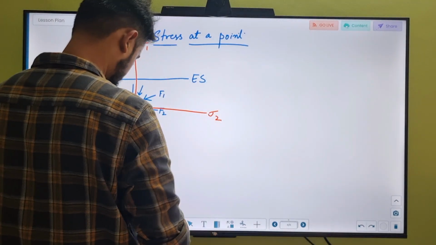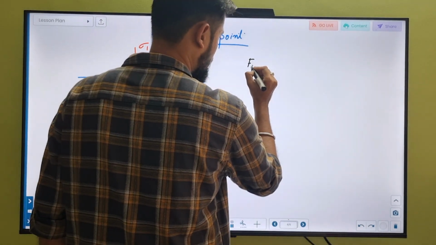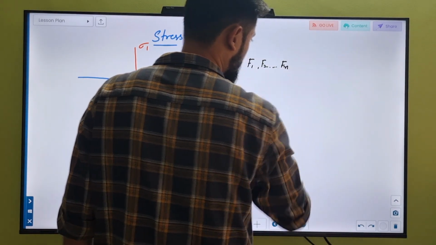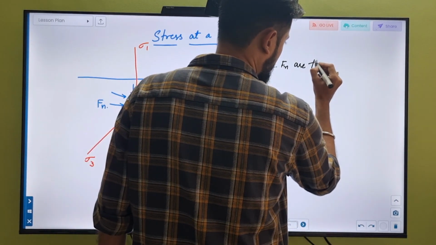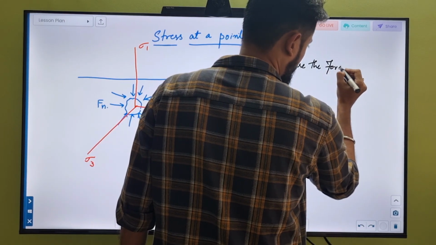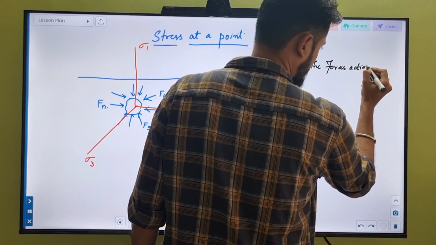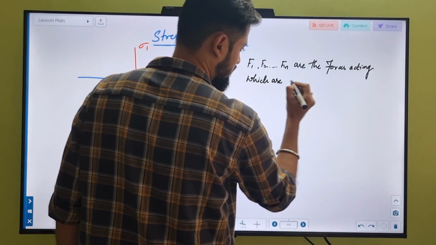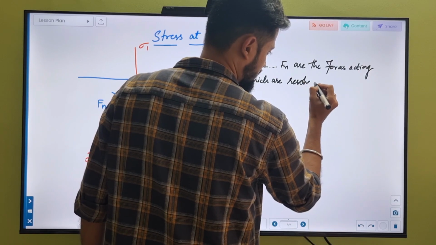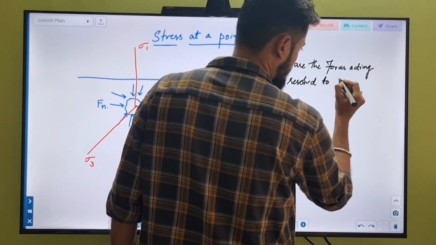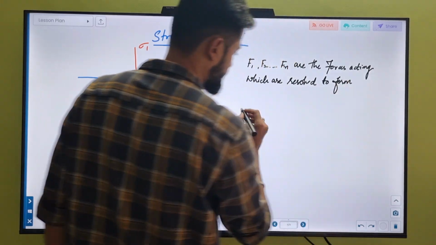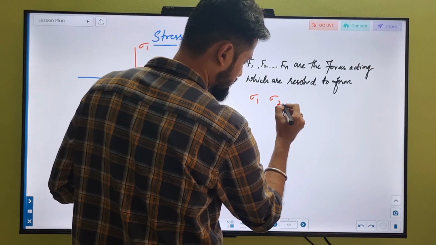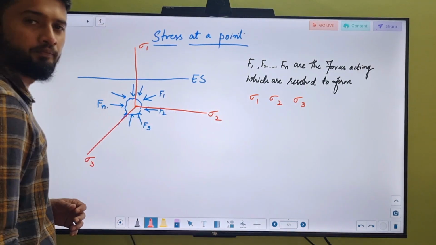Here I can write F1, F2, and so on are the forces acting which are resolved to form sigma 1, sigma 2 and sigma 3.